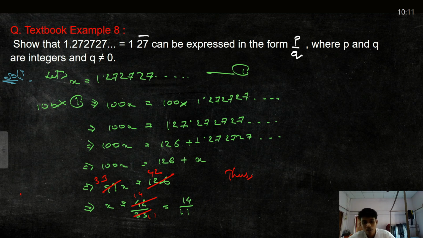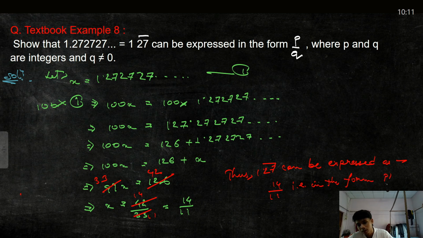Thus, 1.27 bar can be expressed as 14 by 11, that is in the form p by q, q not equal to 0.